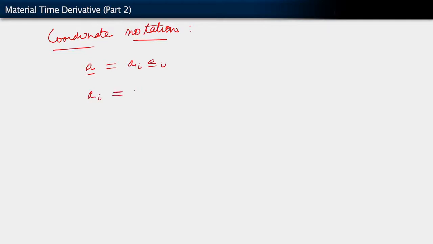With coordinate notation, we would write A as A_i e_i, where A_i is the partial time derivative of little v_i plus partial of v_i with respect to little x_j, times v_j.